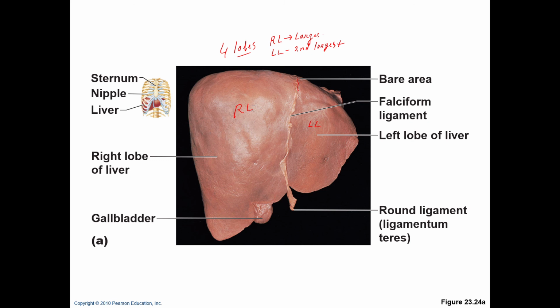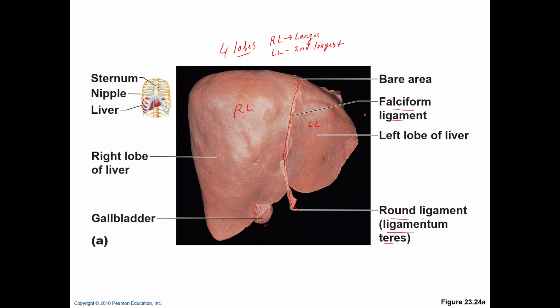The right and left lobes are separated by a ligament which is attached here, and that is called the falciform ligament. Under the liver you have the gallbladder, and the falciform ligament that gets out from the liver goes to the abdominal wall, and that is called the round ligament, also called ligamentum teres.